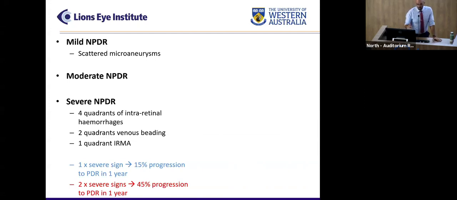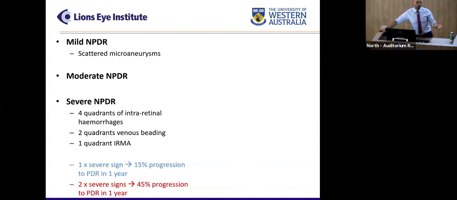Anything in between severe and mild is moderate, okay? So if you've got 2 quadrants of hemorrhage, then that's moderate. If you've got 1 quadrant of venous beading, not 2, then that's moderate. If you've got hard exudates, which I haven't written up there, they're not really involved in grading, but if you've got microaneurysms plus hard exudates, that's moderate.